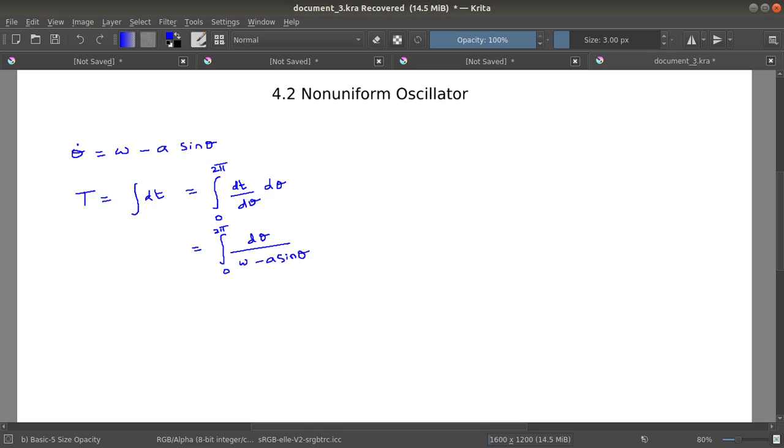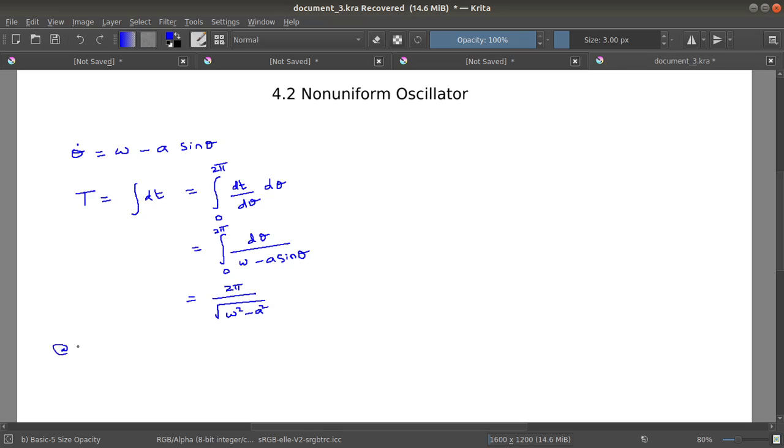If we solve this, we will get 2 pi divided by root of omega squared minus a squared. So this is our time period.